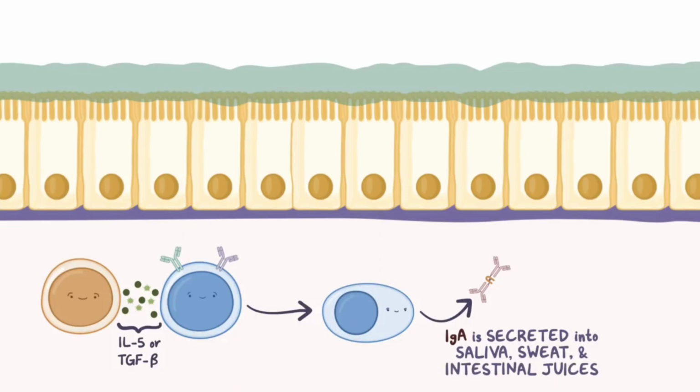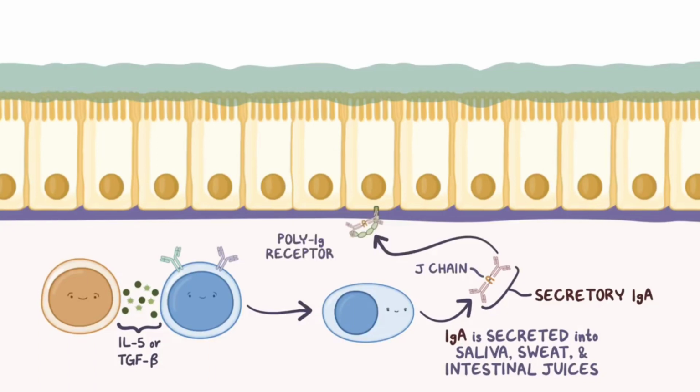When IgA is secreted, it's called secretory IgA, and it's a dimer, meaning that 2 IgA molecules are joined together by a joining chain, or J chain. This J chain is recognized by a poly-Ig receptor on the basolateral side of the mucous membrane, which helps it move across the epithelial cells and into the lumen.